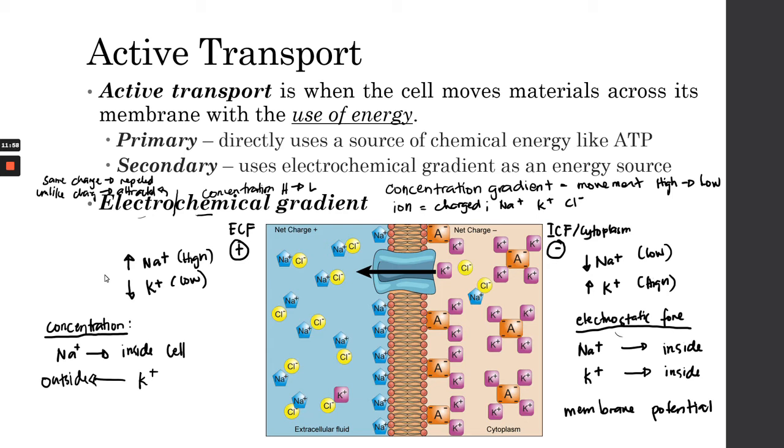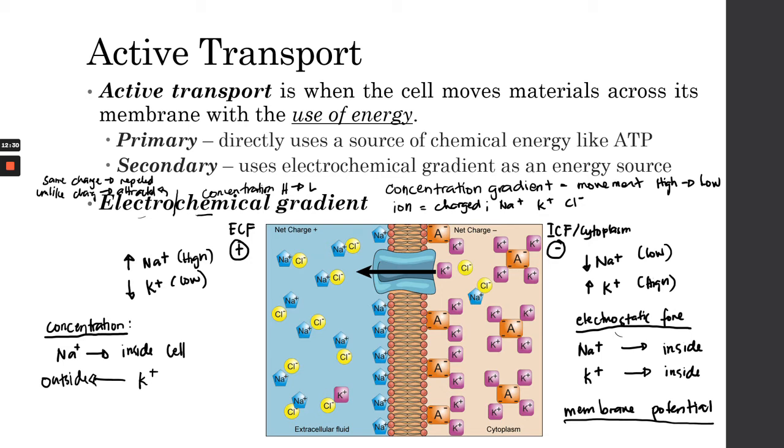This combination of electrochemical gradient results in a membrane potential wherein there is a separation of charge between the outside and the inside of the cell. The outside of the cell is more positively charged compared to the negatively charged cytoplasm, or the negative inside of the cell.